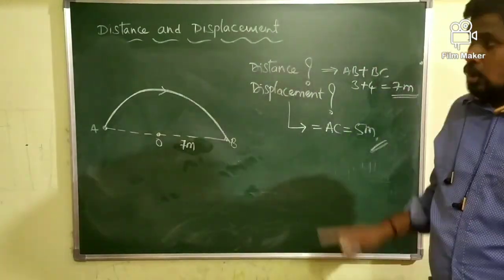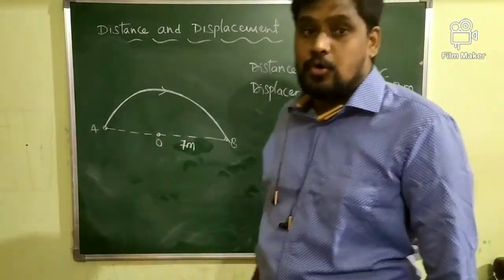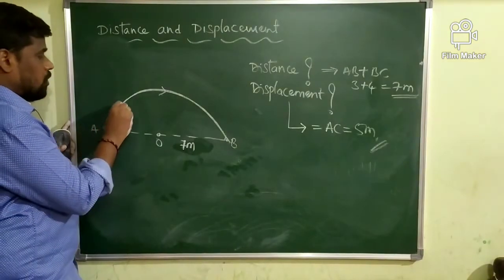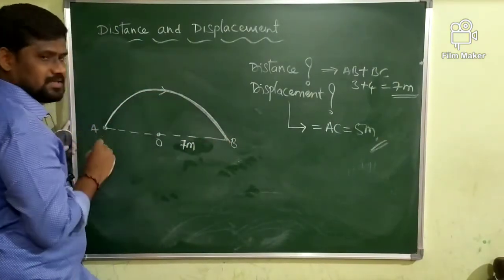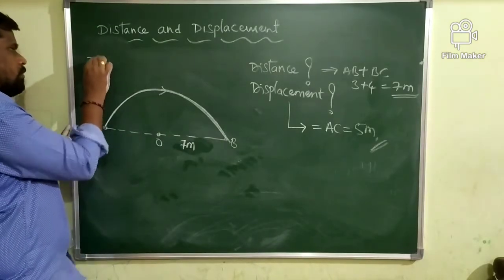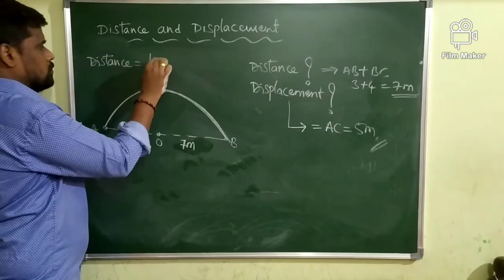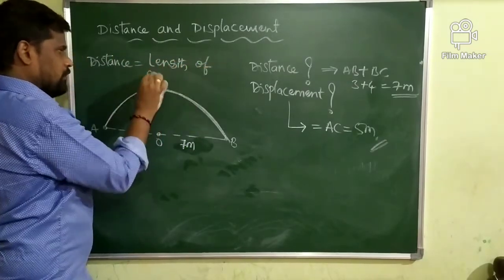What is the distance? Total path covered by the body during its motion. Which is the path? Path covered by the body is a semicircle here. Therefore, distance equals how much? Length of which circle?